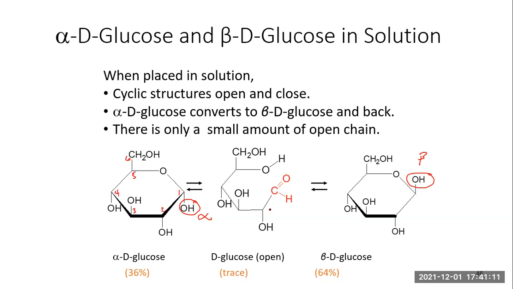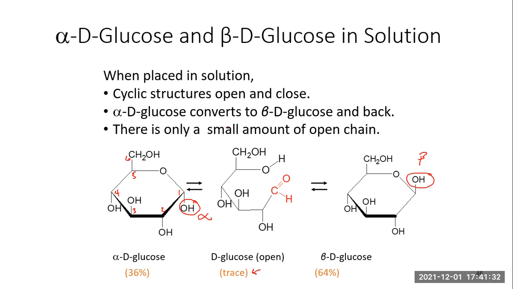We have it down. As you can see, for a little bit of the time it's in the open form, usually as it's going back and forth, which is where you get trace amounts of it. So mainly what we do see is beta D-glucose being formed.